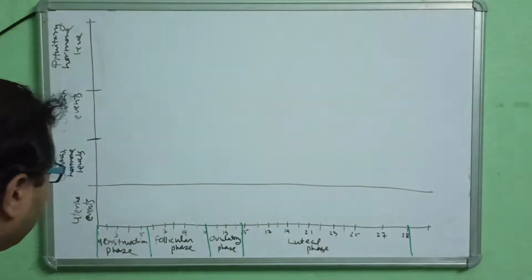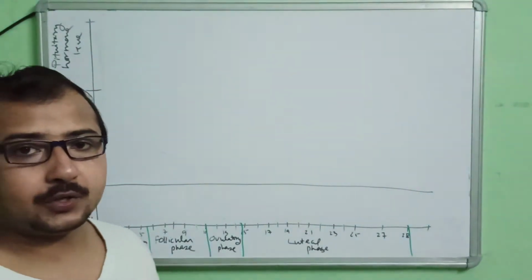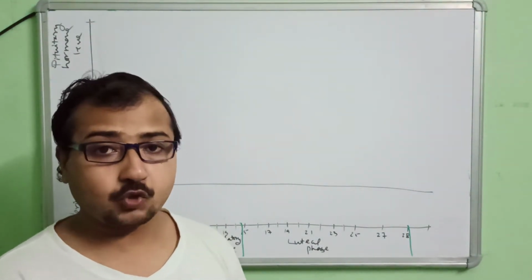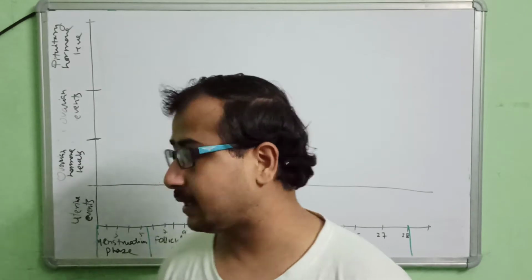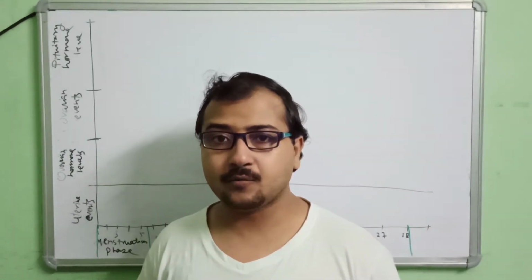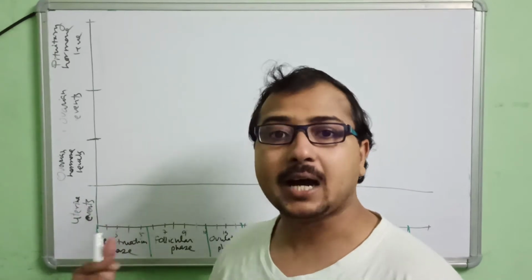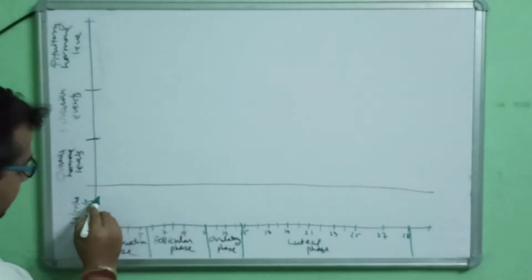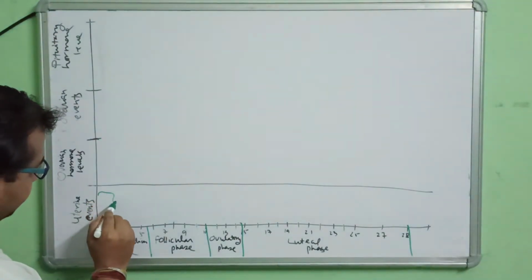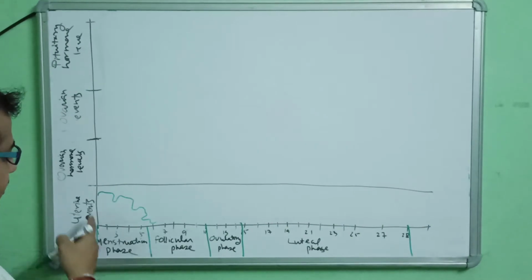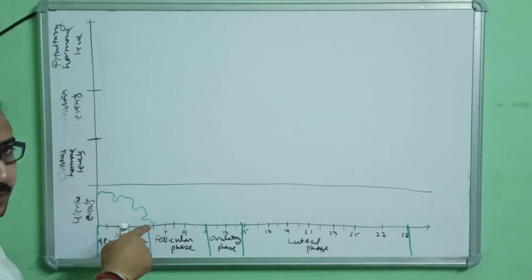See, menstruation phase. Here there is bleeding. It means the menstruation exactly takes place, where the unfertilized egg along with the broken parts of the endometrium wall bleed out of the body, right? In this area, because in the starting it will be more, slowly it will move down.